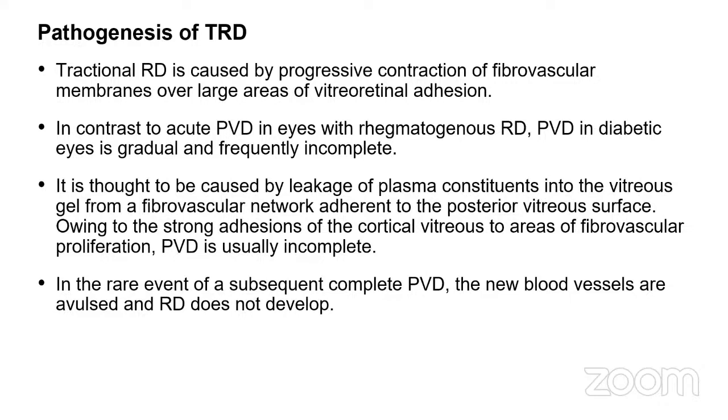Therefore, we don't see floaters or flashes of light in cases of TRD, because here PVD is usually incomplete, and it is caused by leakage of plasma constituents into the vitreous gel from the fibrovascular network adherent to the posterior vitreous surface, owing to the strong adhesions of cortical vitreous to areas of fibrovascular proliferation. In the rare event of subsequent complete PVD, the new blood vessels are avulsed and RD does not develop. So blood vessels will be unable to grow over the vitreous cavity and cause traction.